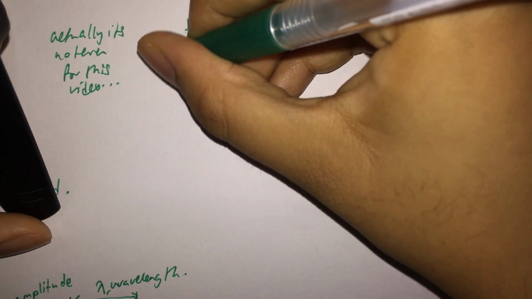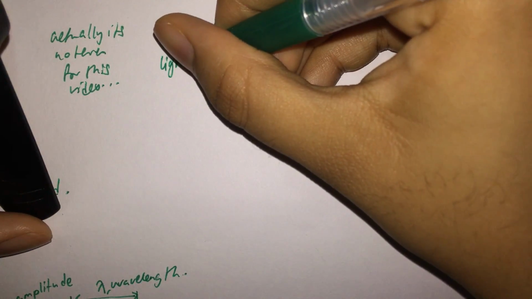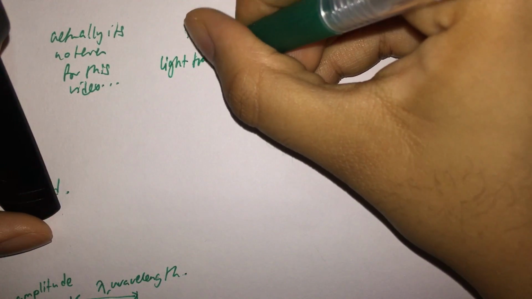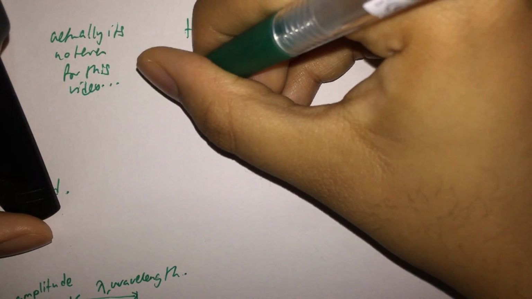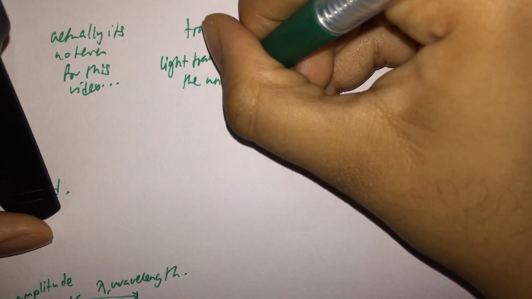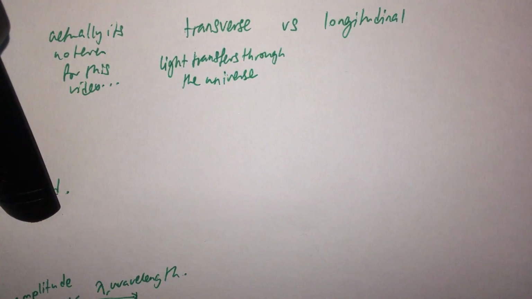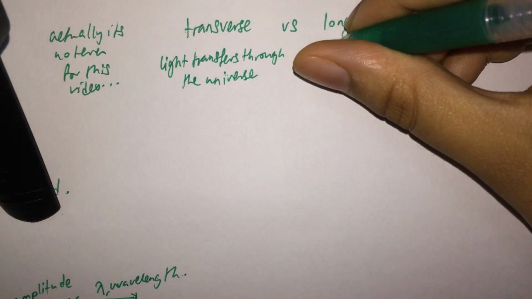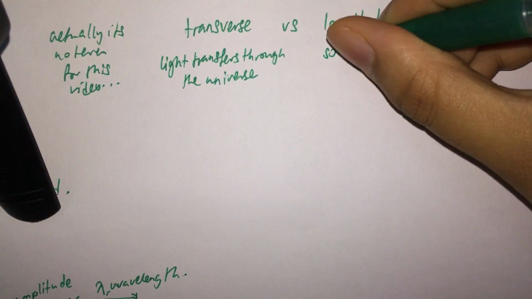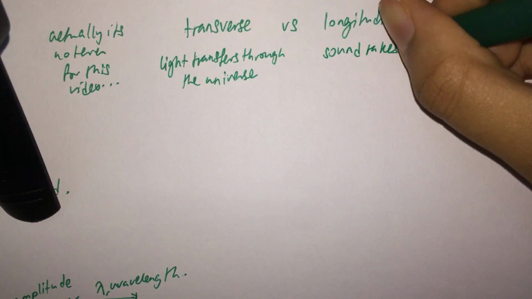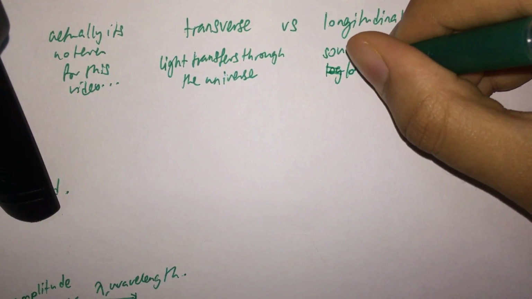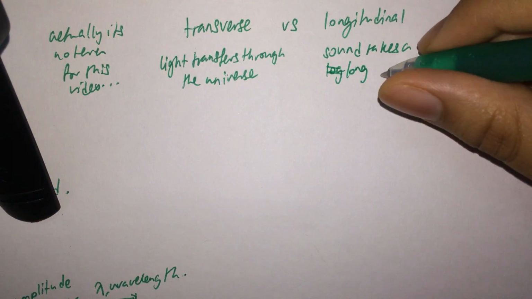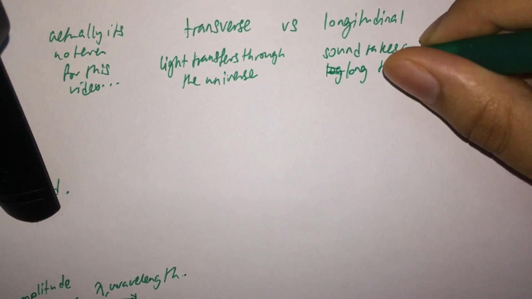Think about the fact that light can go through near vacuum areas, versus sound, which requires some kind of medium to travel through, and that is a longitudinal wave. Obviously this is not the actual meaning of transverse and longitudinal, but it might help you remember which is which. So light is a transverse wave and sound is a longitudinal wave.